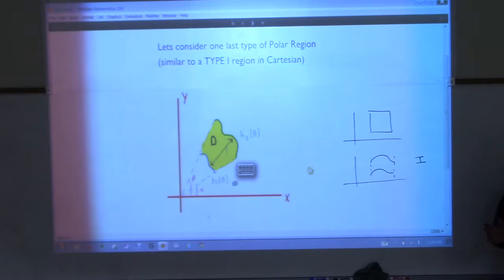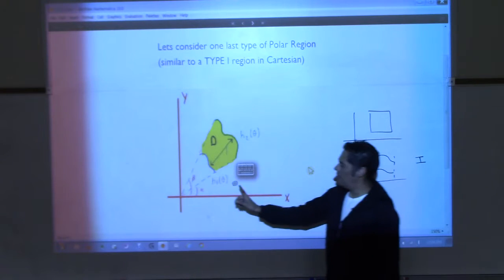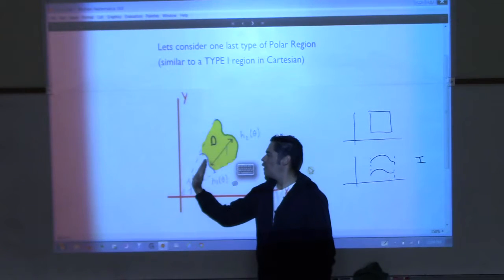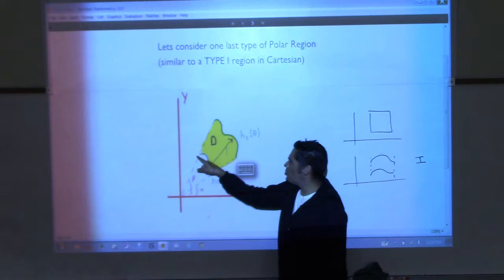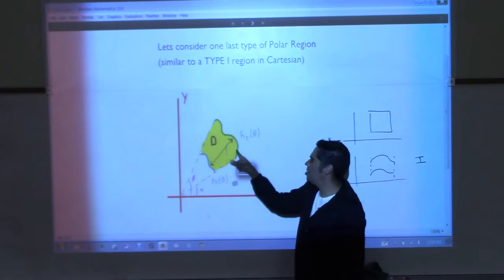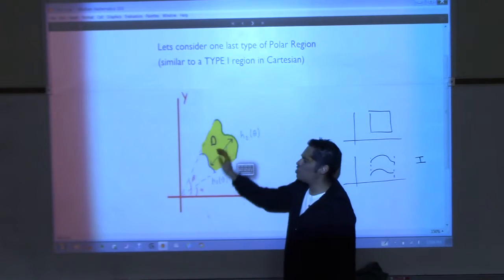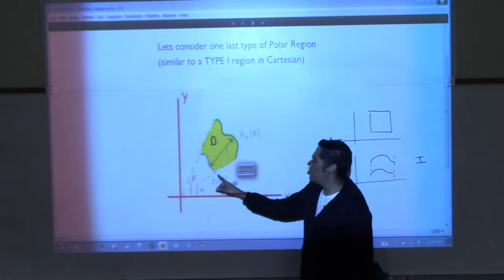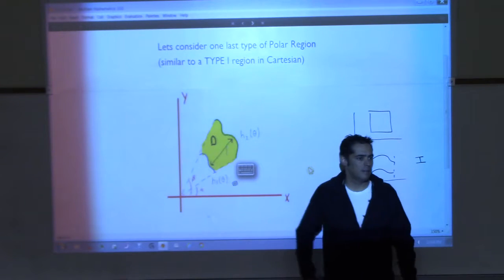Well, what if our theta is between two constants, but our radius is between two functions of theta? Our thetas are between alpha and beta, but our radii are actually changing. They're varying, and they vary as a function of theta.